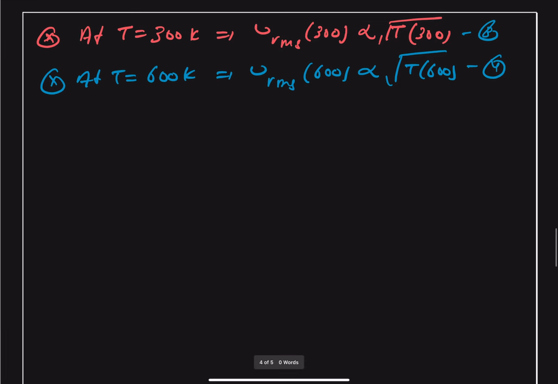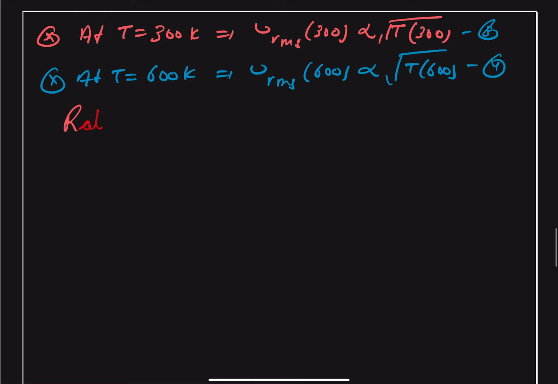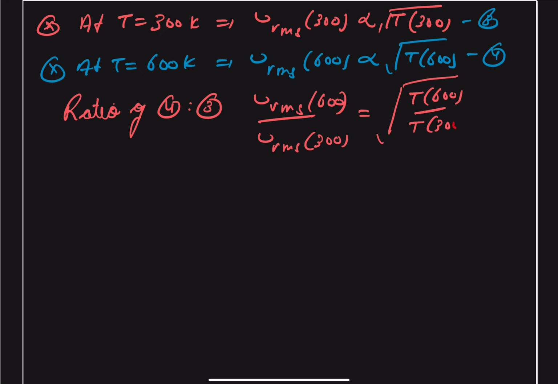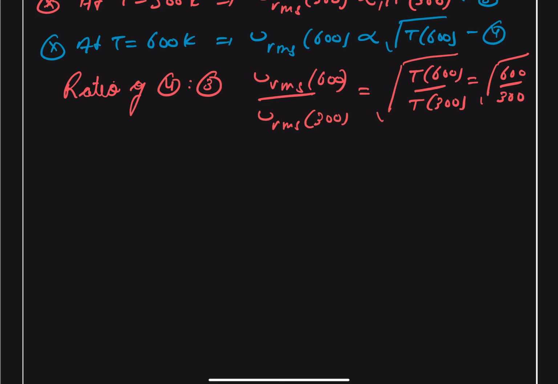Similarly, the ratio of 4 to 3: Vrms at 600 divided by Vrms at 300 is equal to the square root of temperature at 600 divided by temperature at 300. Obviously the temperature ratio we already know is 600 by 300. We are supposed to find the velocity RMS at 600.